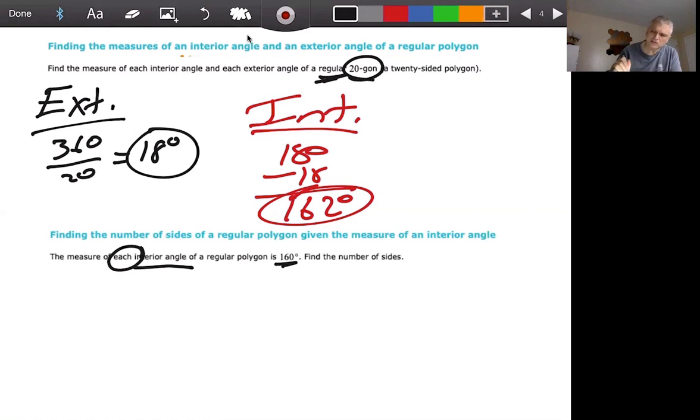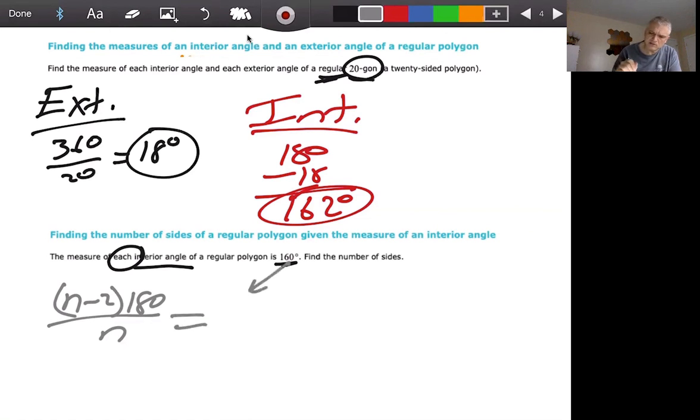So you can go back to n minus 2 times 180 divided by n. This is the sum of all the interior angles divided by how many angles there are. And you say, according to this, it's equal to 160. Completely legitimate way to figure out the number of sides, because number of sides is just n.